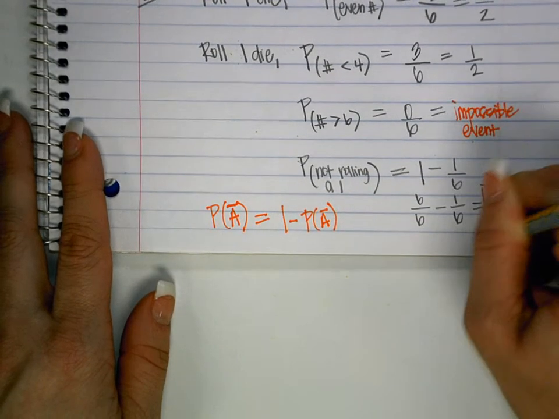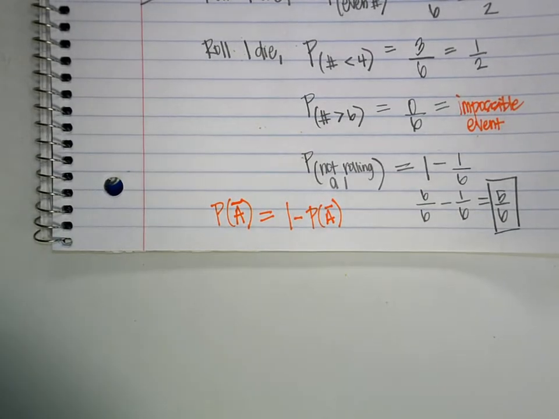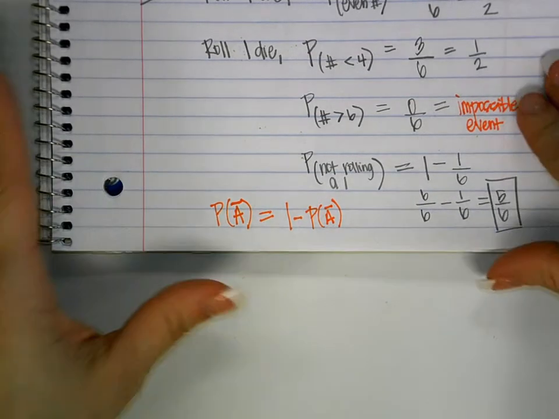Do we have to do that? You will definitely have to do this, yes. Okay, for instance, you're going to be given a probability. So, for instance, let me show you another one like this.